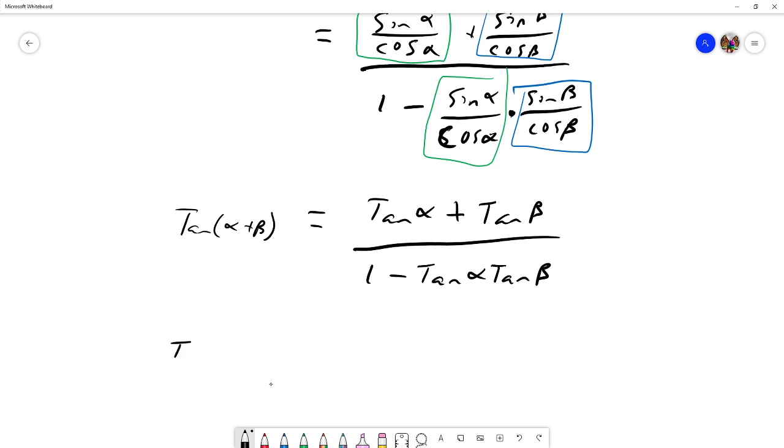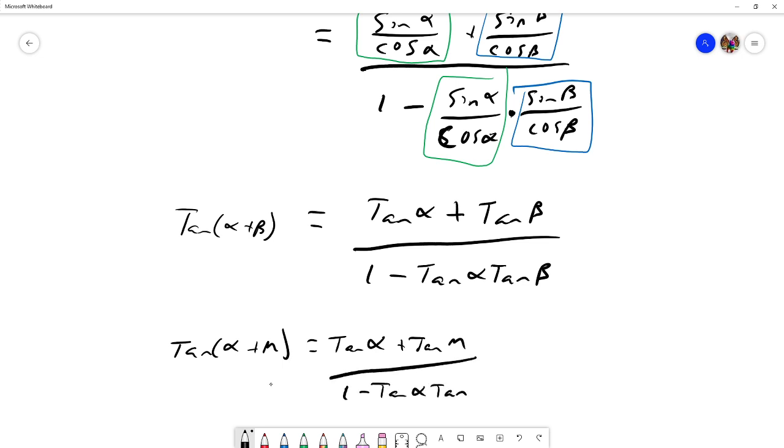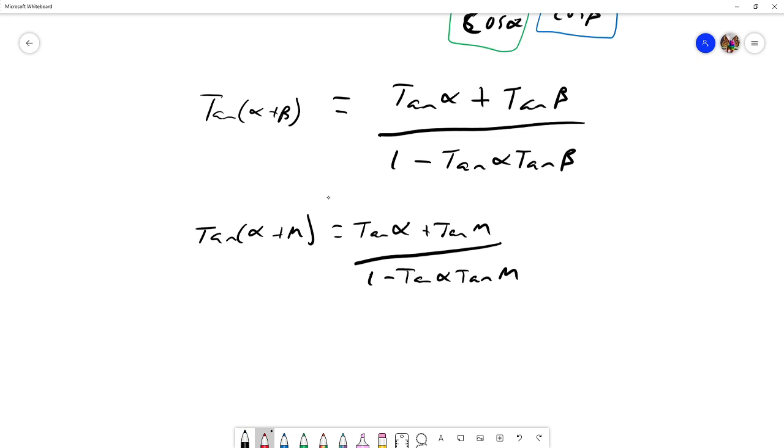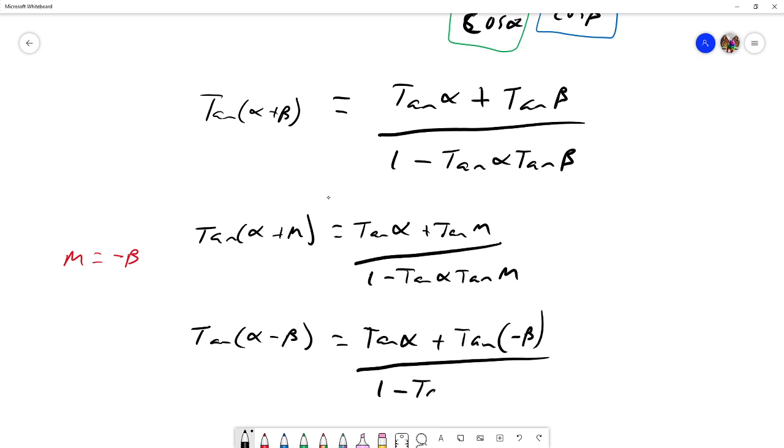So if we say that tangent of alpha plus m is equal to tangent alpha plus tangent m over 1 minus tangent alpha tangent m, then if we say that m is equal to negative beta, we have tangent of alpha minus beta is equal to tangent of alpha plus tangent of negative beta divided by 1 minus tangent alpha tangent of negative beta.